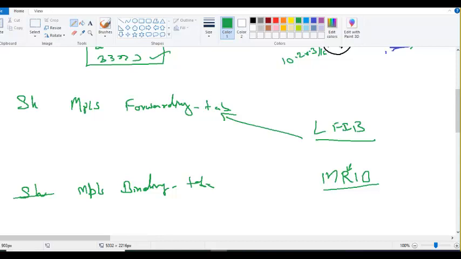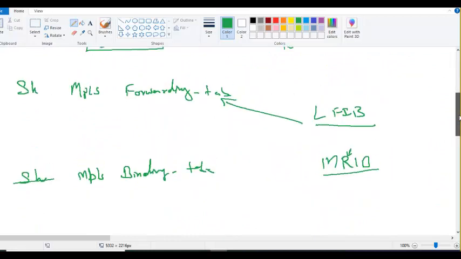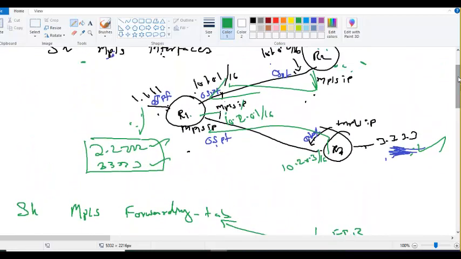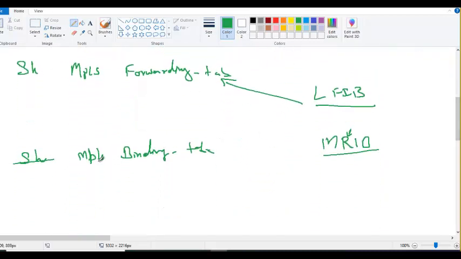Sorry. How many commands are given? I think just 4. For MPLS, this is enough. Or additionally, I may add show CEF.